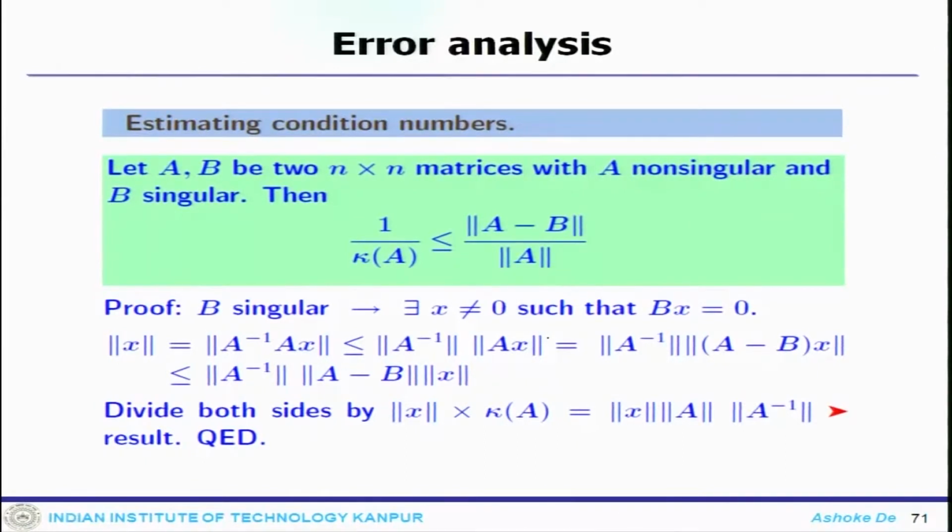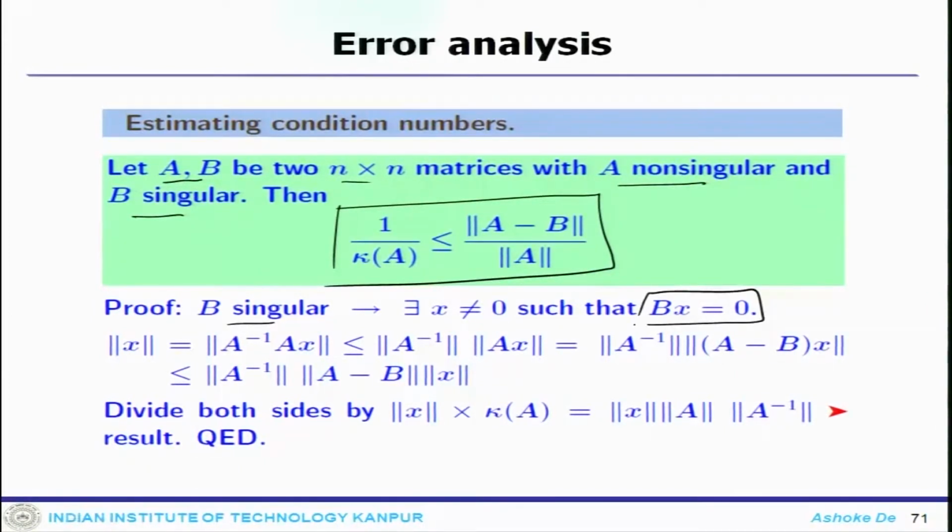Now, this is an estimation of the condition numbers. Suppose A and B are two n by n matrices, where A is non-singular and B is singular. Then one can prove that 1 over the condition number is less than or equal to the norm of A minus B divided by the norm of A. Since B is singular, there exists x not equal to 0 such that B x equals 0.